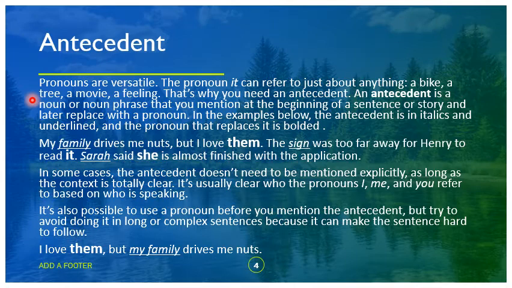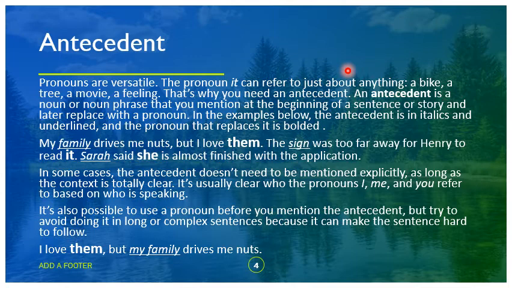Now let's pay attention to the definition that starts from here. An antecedent is a noun or noun phrase that you mention at the beginning of a sentence or story and later replace with a pronoun. In the examples below, the antecedent is in italics and underlined, and the pronoun that replaces it is bolded.